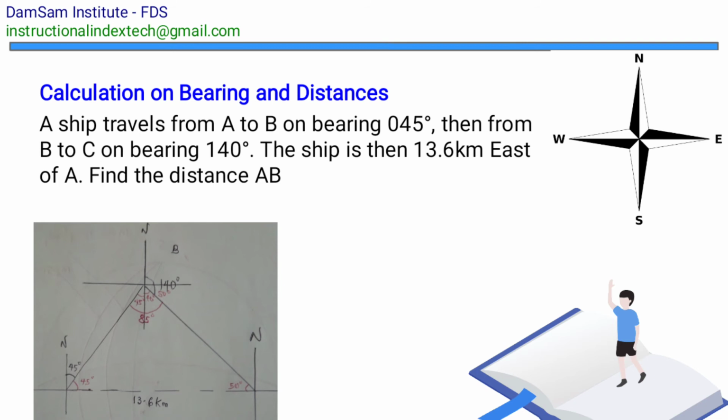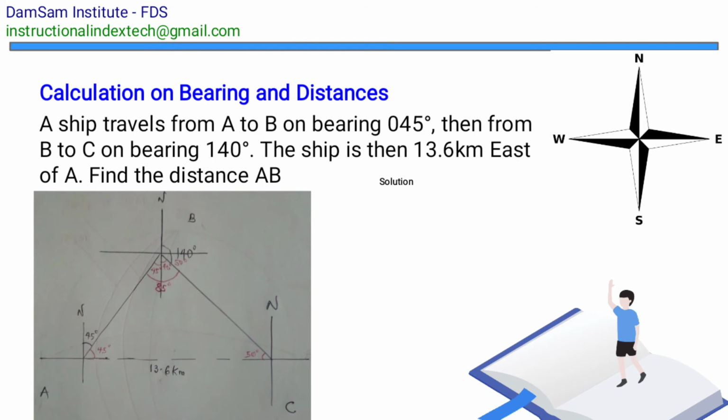So at point B we have 85 degrees, at point C 50 degrees, and at point A 45 degrees. All those values make it convenient for us to find distance AB.